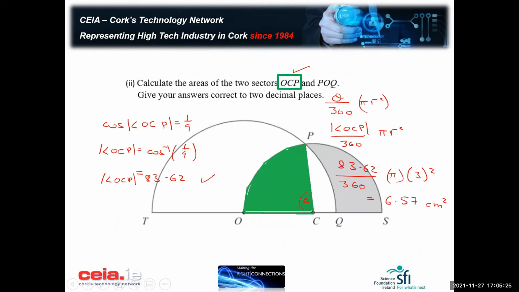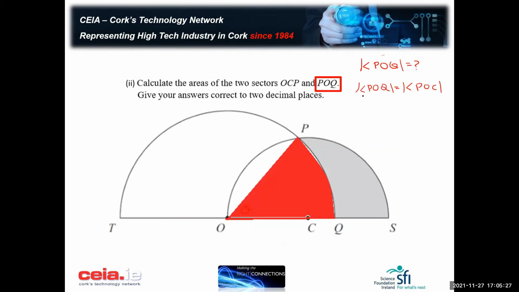So going back here, the measure of angle POC equals 48.18. In other words, the angle of sector POQ is 48.18, so I can work out the area of this sector.